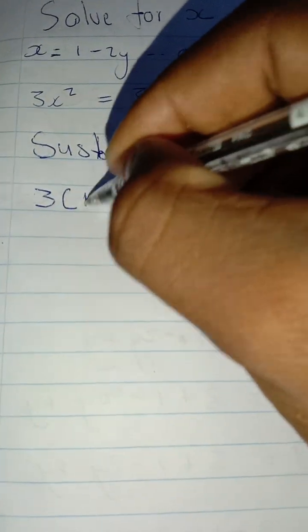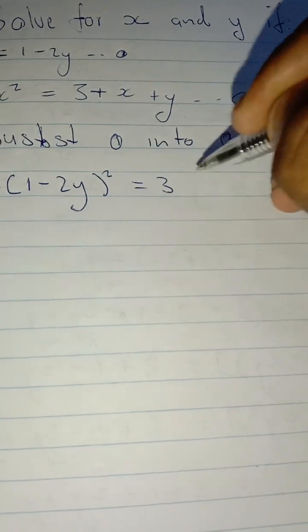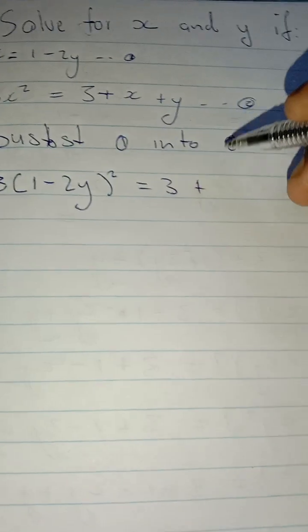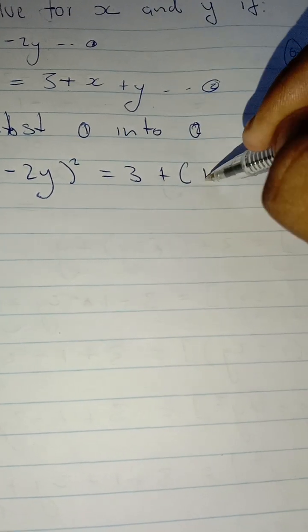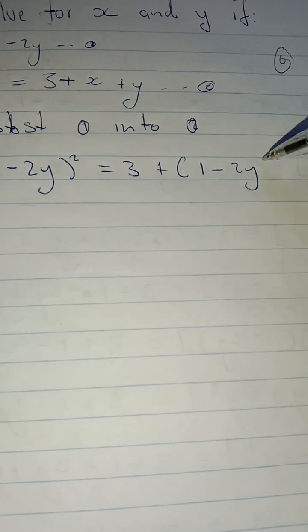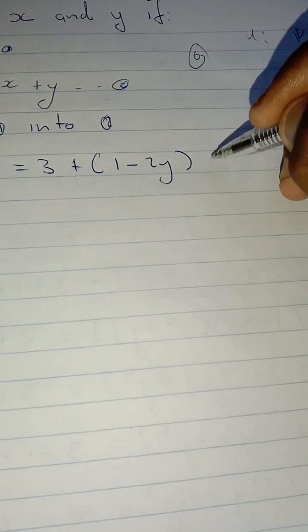So it's gonna be like this: 3 and then bracket and then 1 minus 2y, and then don't forget this squared here, and then it equals 3 plus, and then we substitute again because it's x. Where we see x, we substitute 1 minus 2y, and then bracket again plus y, and then we're gonna solve this thing.